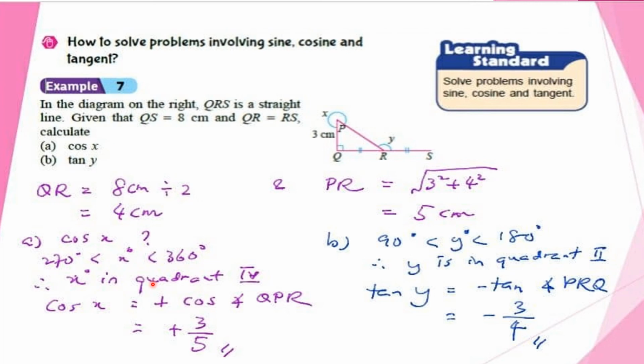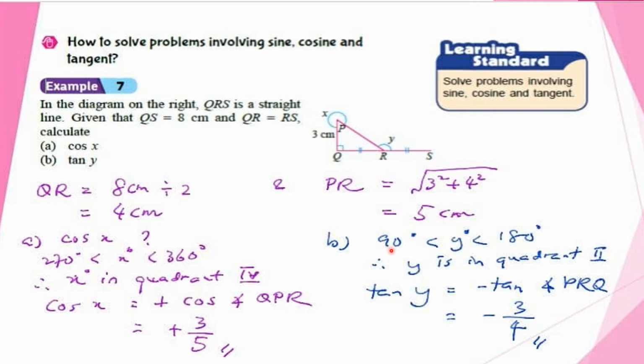So cos X, you can find the corresponding value. So you find this angle P, which is angle QPR. But the sign, you put it as positive, because it's in quadrant 4. So in quadrant 4, cos is positive.